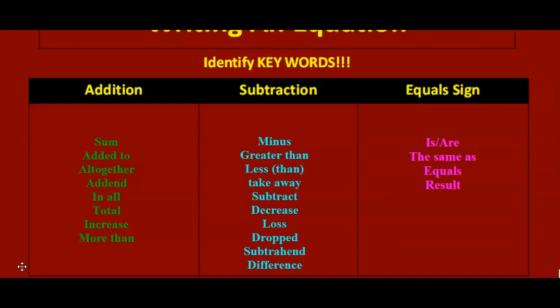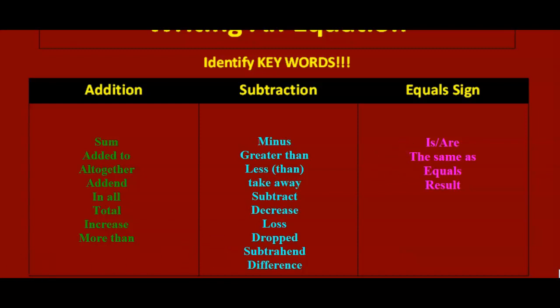Less than actually means that the value after that is the greater one, so that they need to have that rainbow switch, or flip, however you were taught it. So take away, continuing with the subtraction, take away, subtract, decrease, lost, dropped, subtrahend, difference, descended, okay, is another one, or withdrawal when you're, again, talking about the money situations.